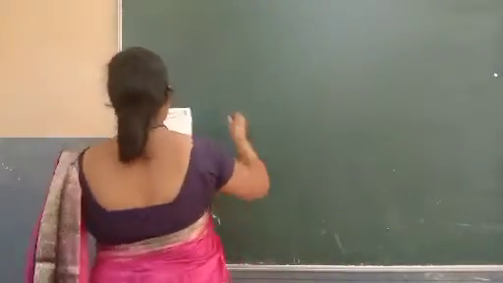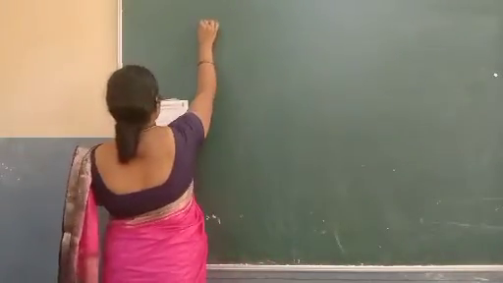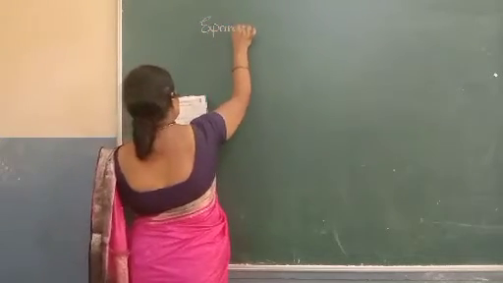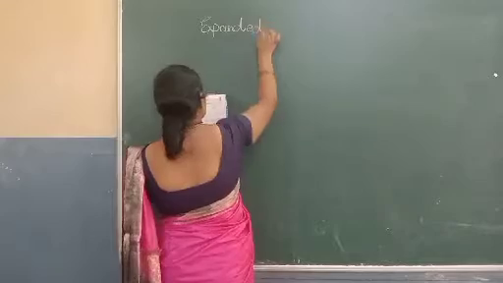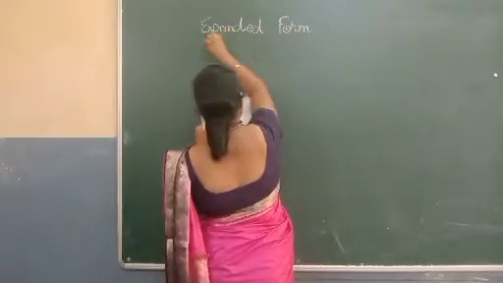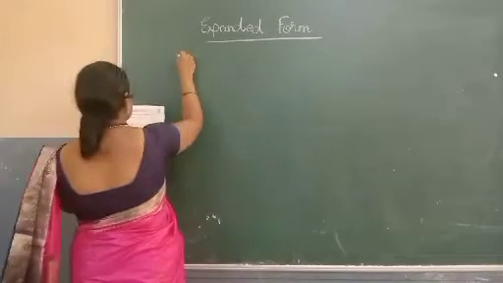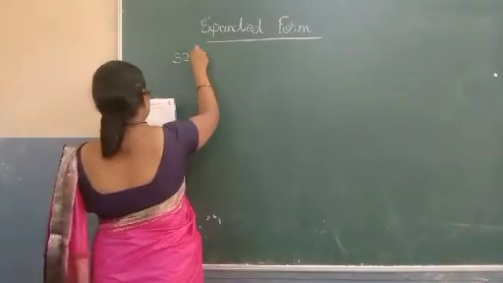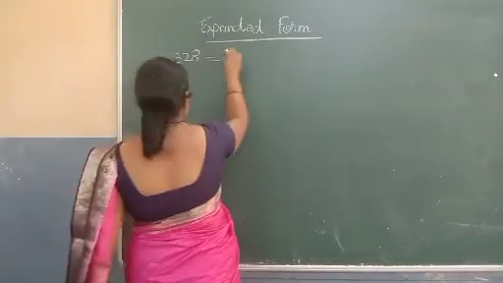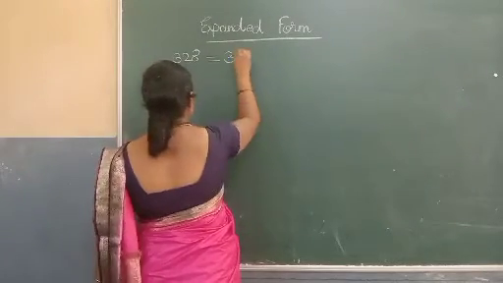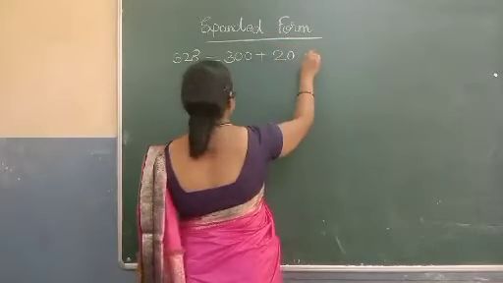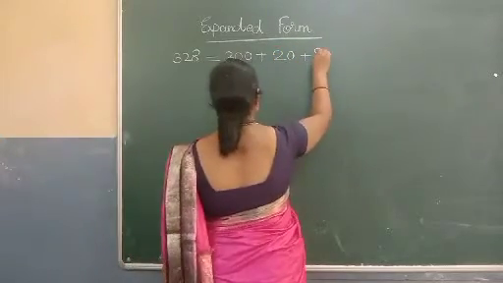Expanded form. 328. So all of you see, the placeholders: 300 plus 20 plus 8.